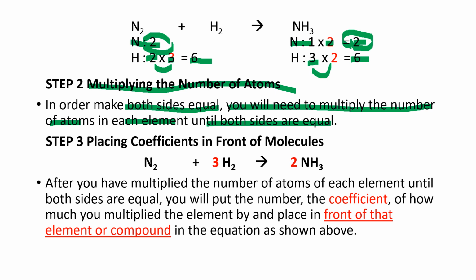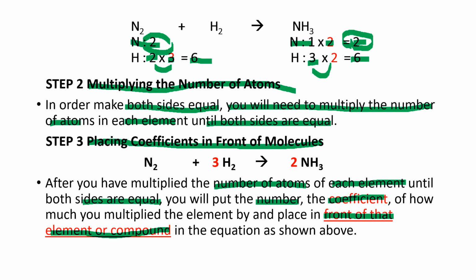Okay? Now, step 3, you place the coefficients in front of the molecules. So what are the coefficients? After you have multiplied the number of atoms of each element until both sides are equal, the number you multiplied by is the coefficient. You place it in front of that element or compound in the equation as shown above.